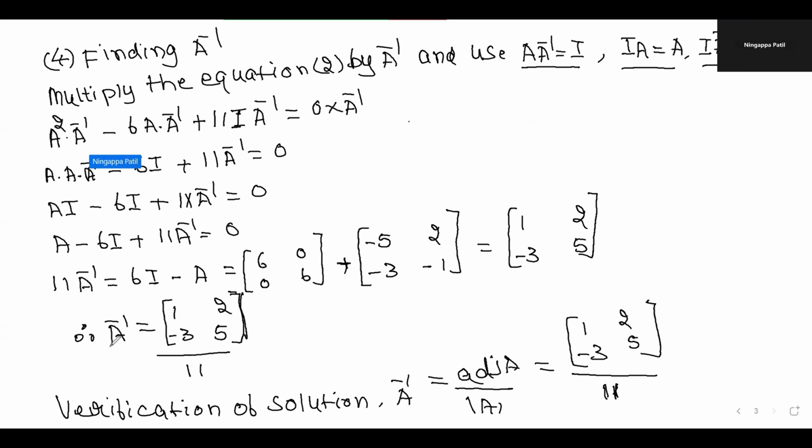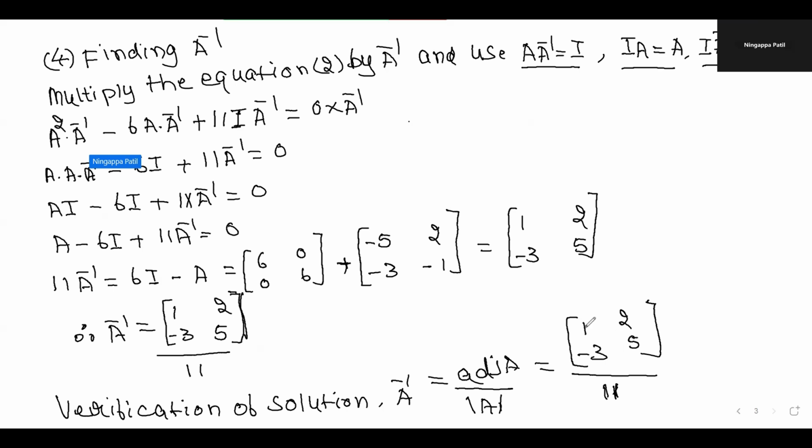Then verification of this result with our standard result. A inverse is given by adjoint A divided by determinant of A. Look here, adjoint A means interchange the principal diagonal elements of A and change the sign of the secondary diagonal elements.